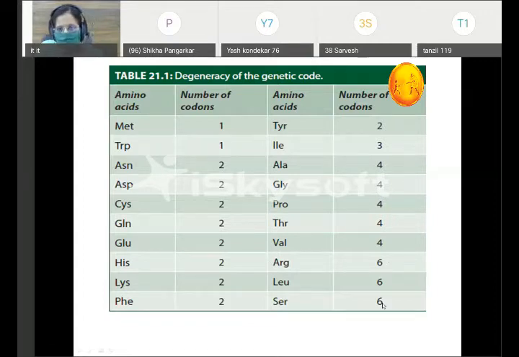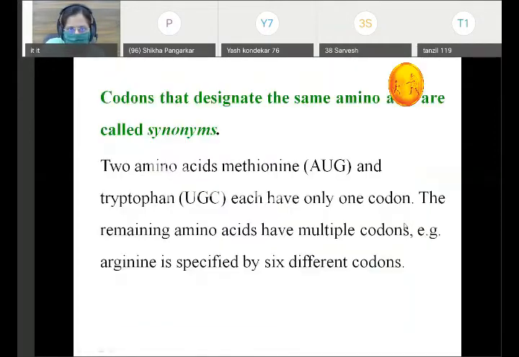So a same amino acid can be represented by a number of codons. But a codon that represents an amino acid is always the same. That is unambiguousness of the genetic code.